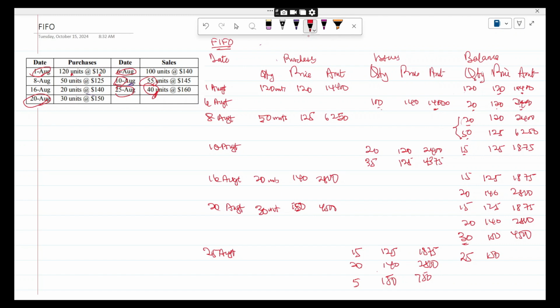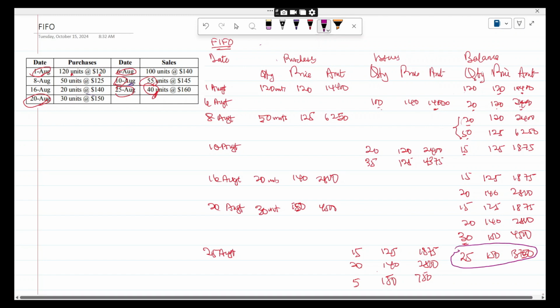25 times 150 is 3,750. So let me choose a different color. Let me use violet. When you look at this, this becomes the closing stock. So the closing stock is here, let me write it.